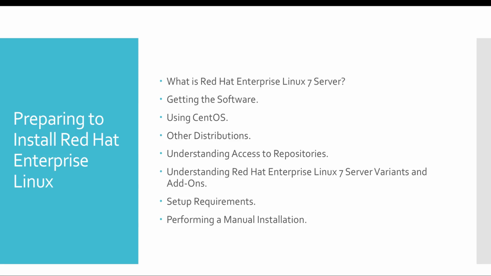We will also discuss other distributions other than Red Hat Enterprise Linux 7 and CentOS. We will discuss Scientific Linux and Fedora. And next, we will discuss understanding access to the repositories, understanding Red Hat Enterprise Linux server variants and add-ons, setup requirements, and then finally we will see how to perform a manual installation.